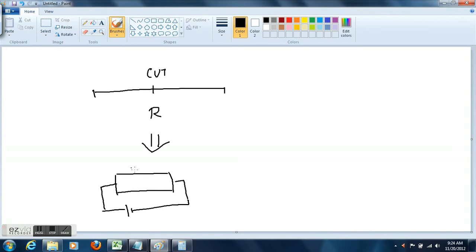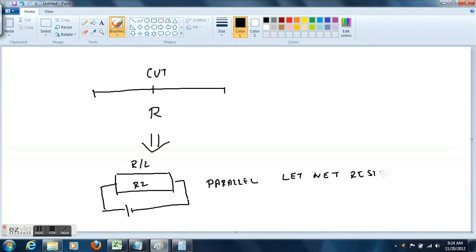Each piece will have a resistance of R by 2, because the length has become half. We know that if the length becomes half, resistance will become half, because resistance is directly proportional to the length. Therefore each piece has a resistance of R upon 2, and they are connected in parallel.